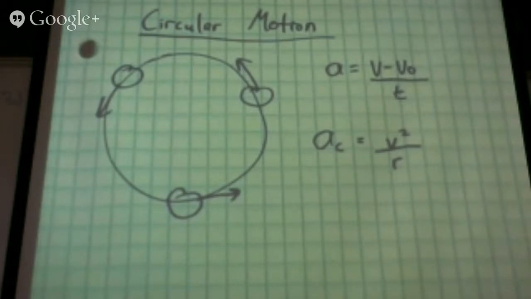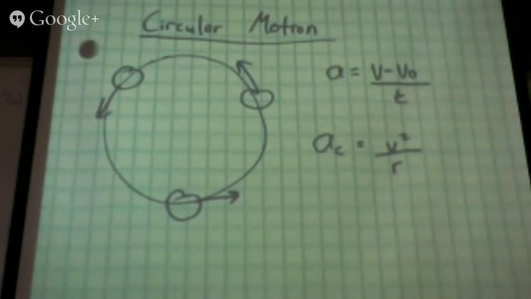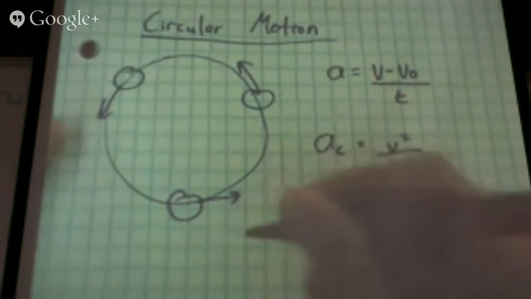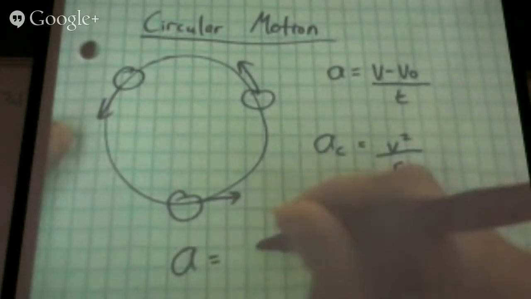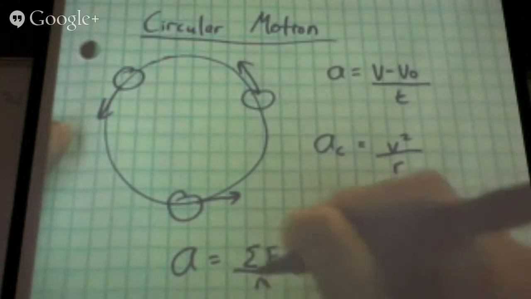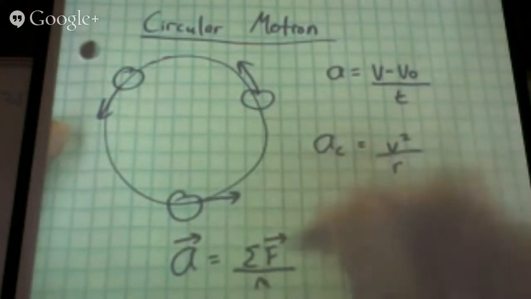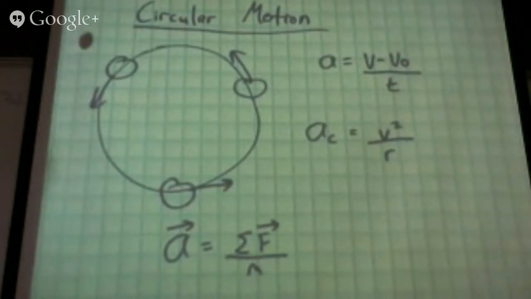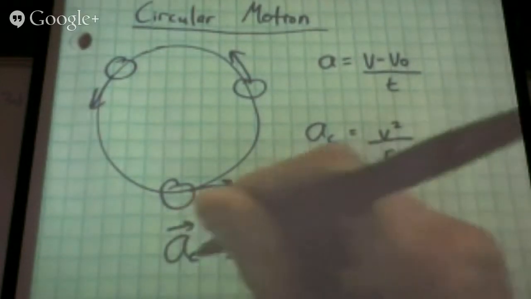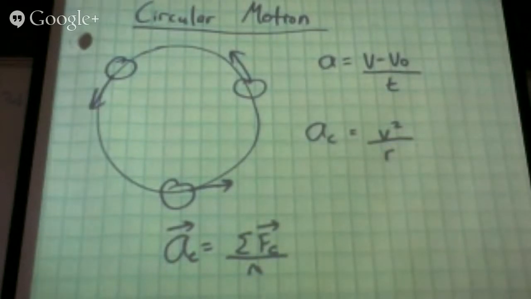Now, if we have an object that's going around in a circle, there must be some force that's causing it to go around in a circle, so it'll probably make sense for us to look at forces. Anytime we do forces, we can do Newton's laws, so we can write acceleration equals net force divided by mass. This time, instead of looking in the x direction or the y direction, we look in the c direction, the centripetal direction, where toward the center of the circle is positive.